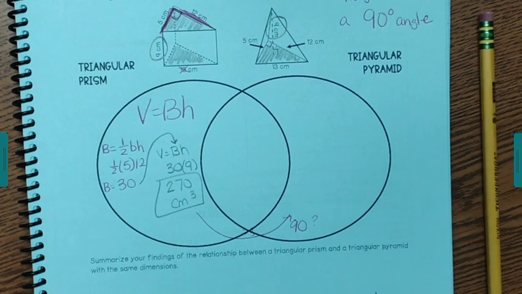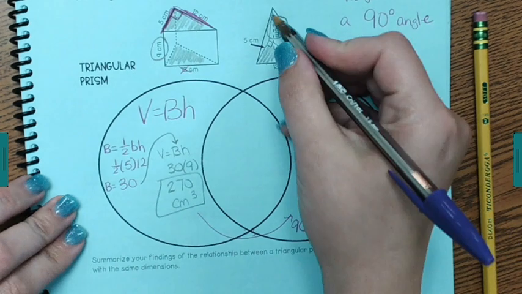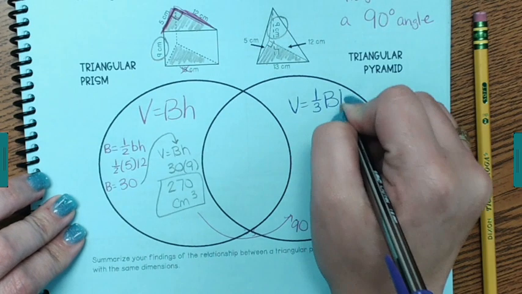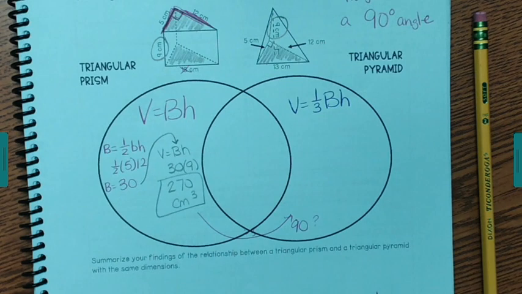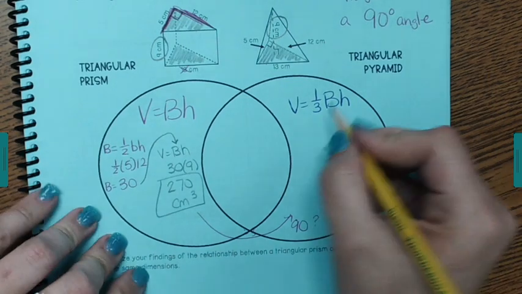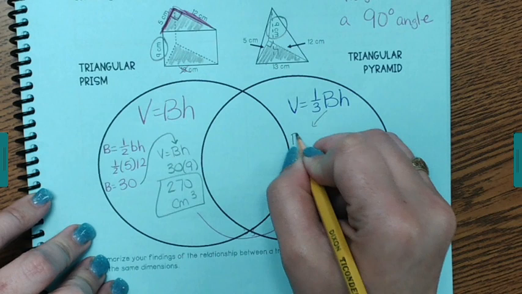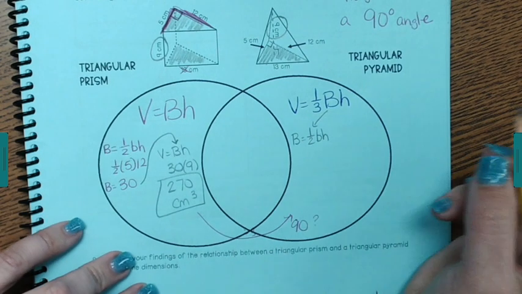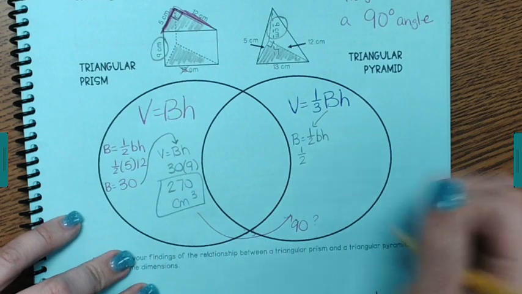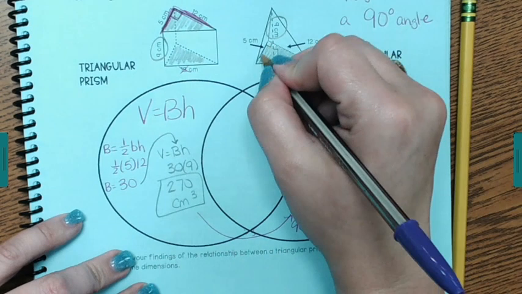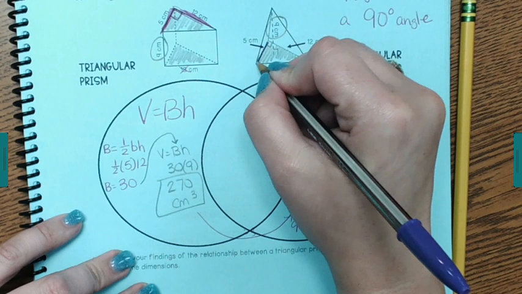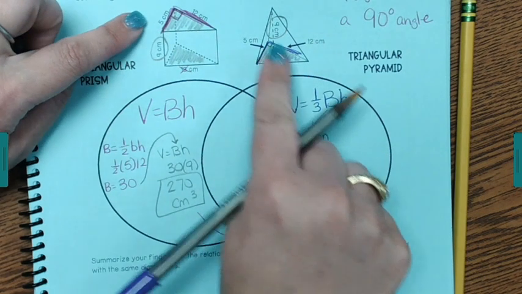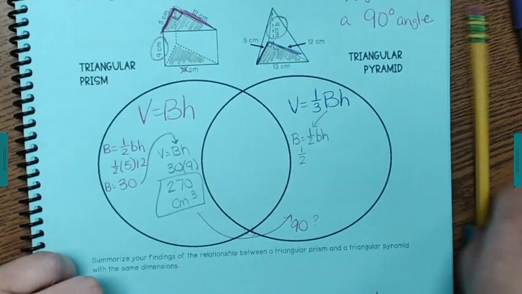Okay, so over here, this one is a pyramid, so it's V equals 1/3 big BH. Big B is a triangle, so it's 1/2 BH. What numbers make up the right angle here? 5 and 12. Is that just like this one? Yes. They have the same exact measurements.